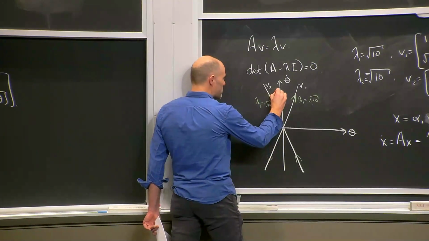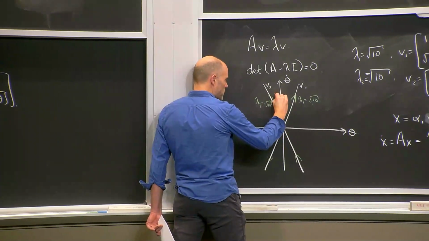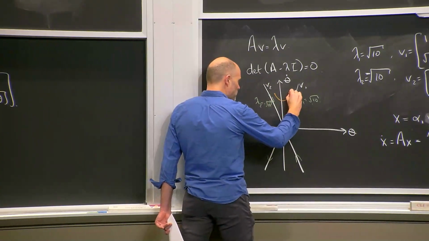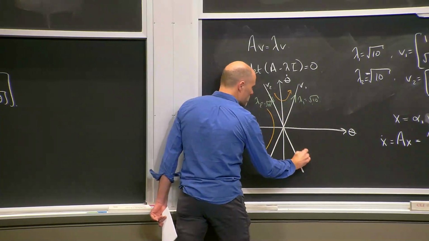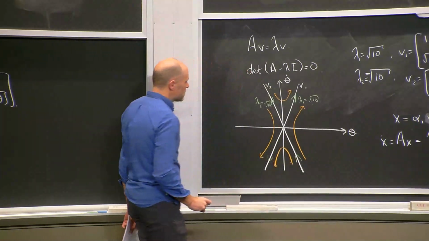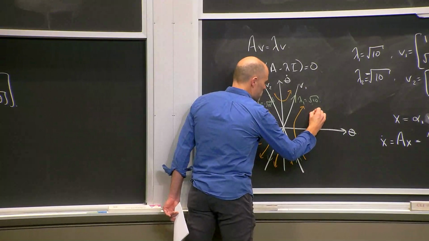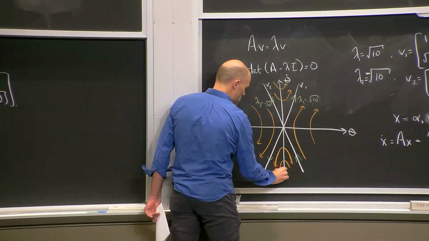If I pick this point, it's going to be mostly this one and a little bit of this one, so it's going to look a little bit like this. And if I plot the vector field around here, you're going to see these beautiful interpolations of that linear vector field like this.